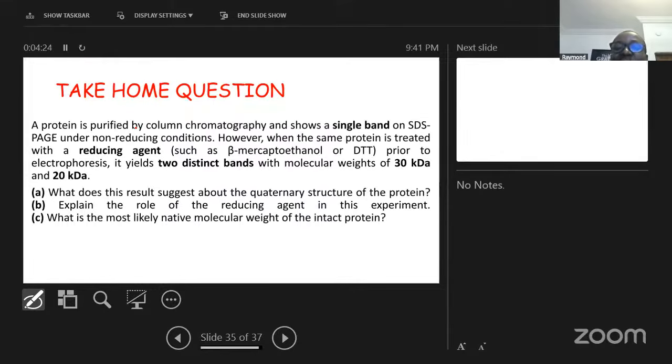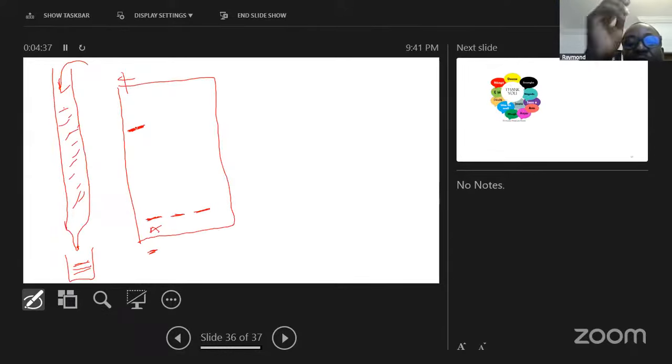However, when the same protein is treated with a reducing agent, such as beta-mercaptoethanol, prior to electrophoresis, it yields two distinct bands. That's what we're seeing here. So this is the same protein A that has been treated with beta-mercaptoethanol. They now found out that one band occupies here, another band occupies here.